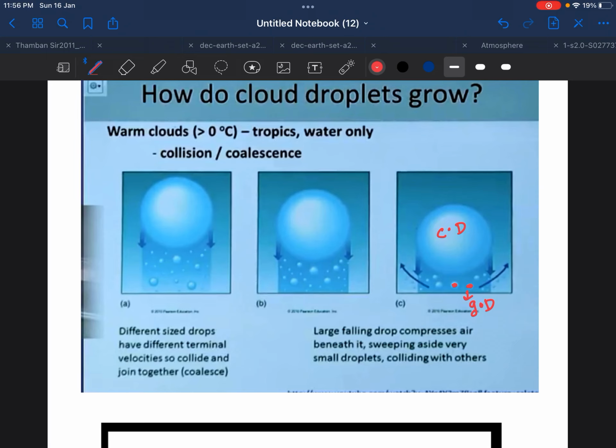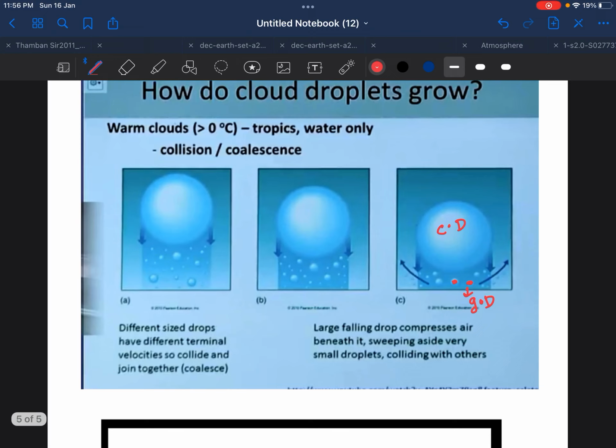Okay, so there are more collision processes going on inside the clouds. We'll see how it occurs. So as I told you, here we have different types of water droplets. Say this is first, this one is second, and this fine one is the third one. Which one has higher terminal velocity? No doubt this one. The collector drop has more terminal velocity than the smaller particles over there.